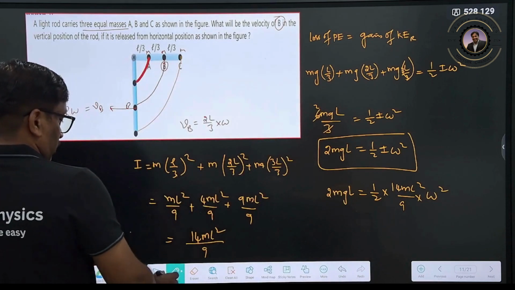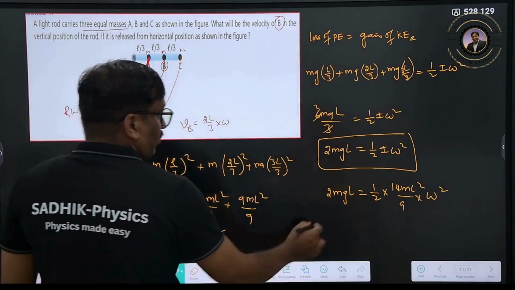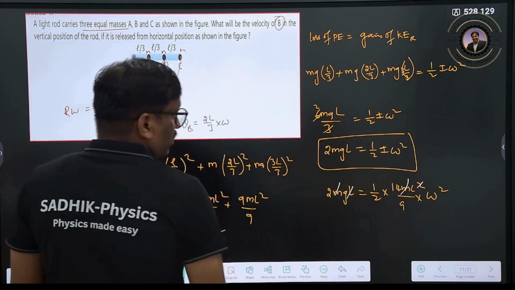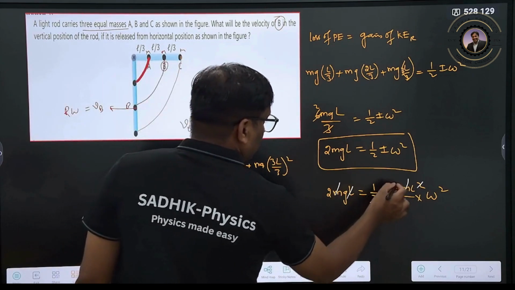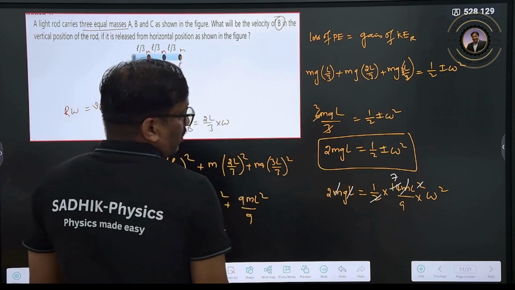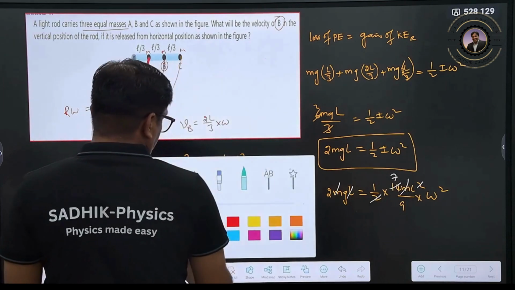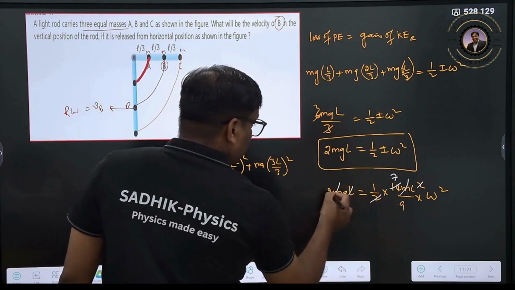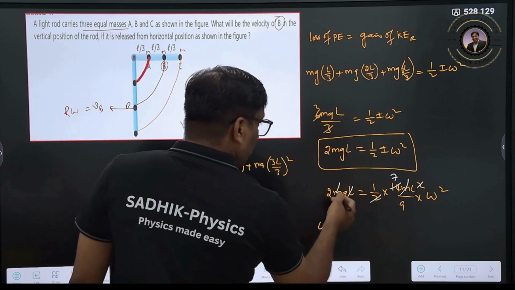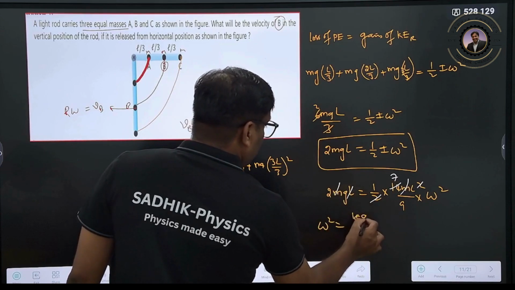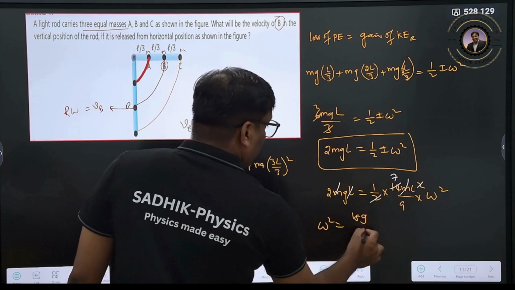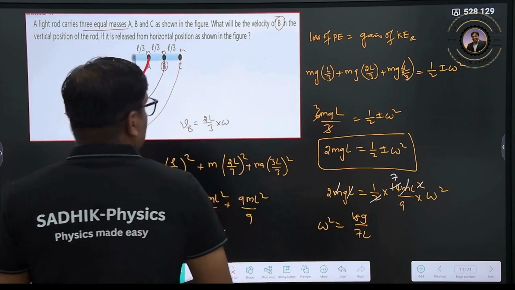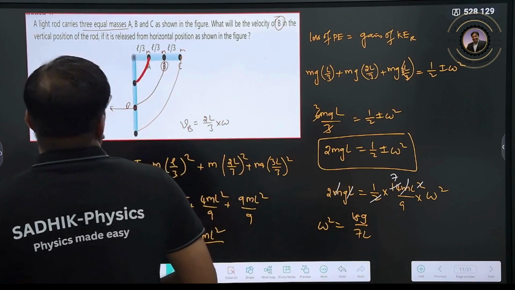Now we can cancel it, no? This m and m get cancelled out, L gets cancelled out, and 2 and 7 get cancelled, right? So omega square will be 18g by 7L. This will be your omega square, and omega is what you want to calculate.